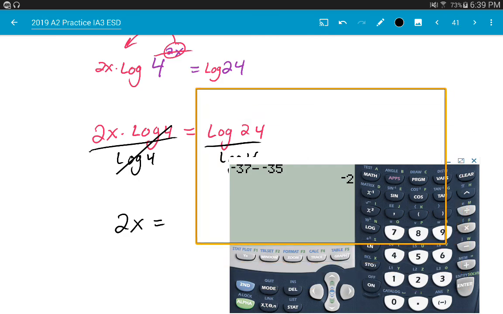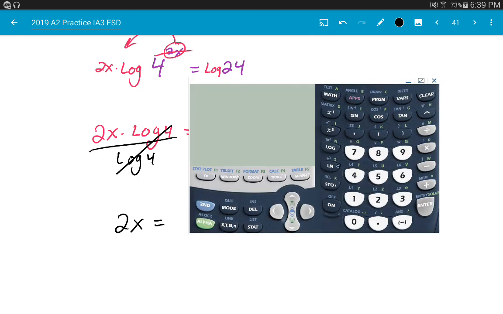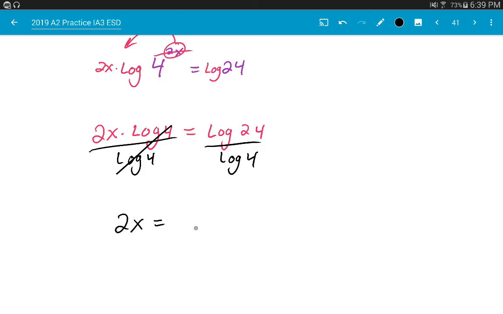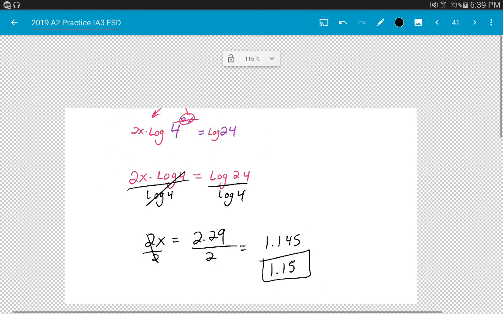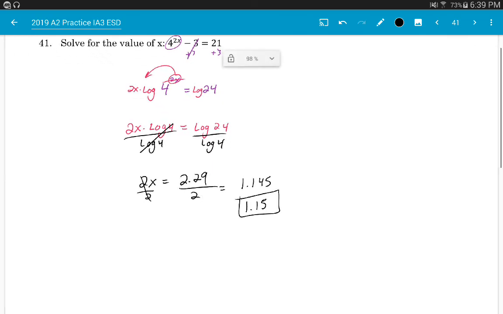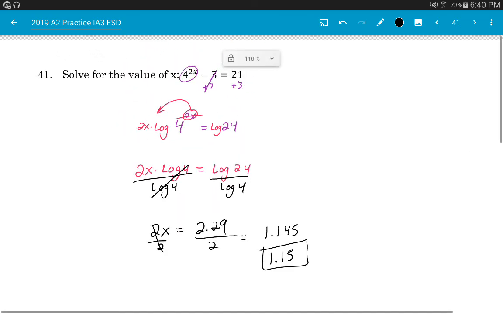Log of 24 divided by log of 4. 2.29. And let's divide by 2 to get the x all by itself. That's going to get me 1.145, which we can just call 1.15, depending on what the rounding rules are. Let's call it 2 decimal places. 1.15 is fine.